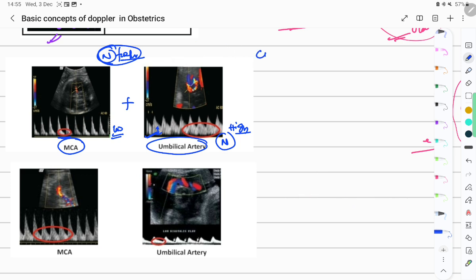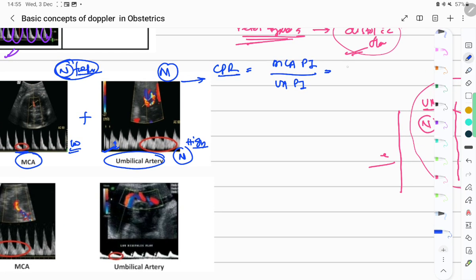Again, for CPR in this normal fetus, CPR will be MCA PI by umbilical artery PI. MCA PI is S minus D by mean, and for the umbilical artery also S minus D by mean.